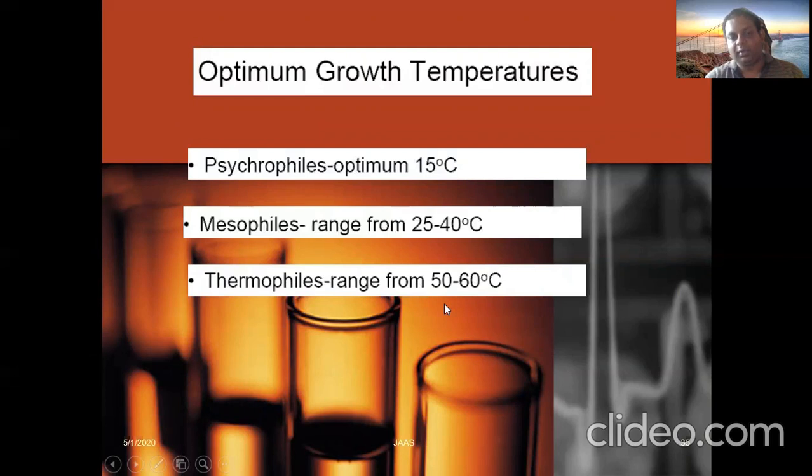We want to know whether the bacteria or the content has reached the appropriate temperature. Some thermophiles may survive even up to 112 or 120, so based on those bacteria, we can use them as an indicator.